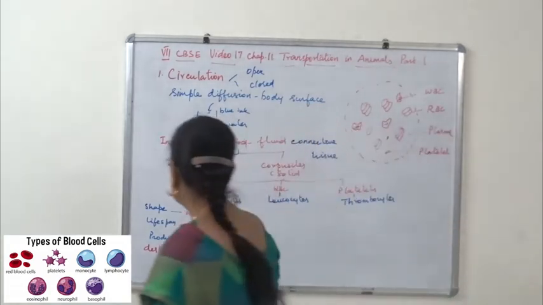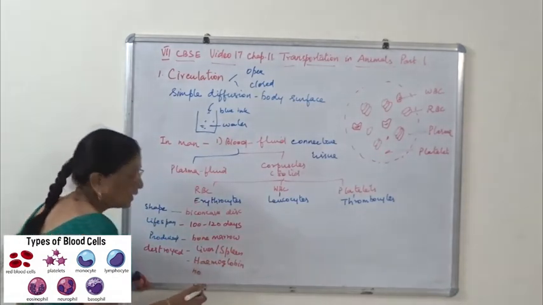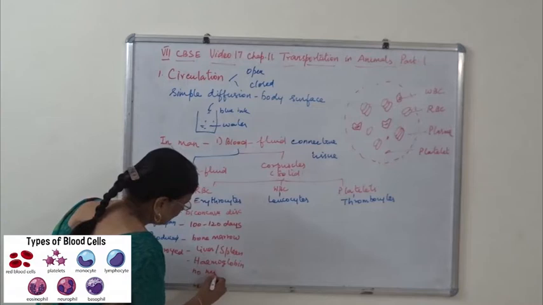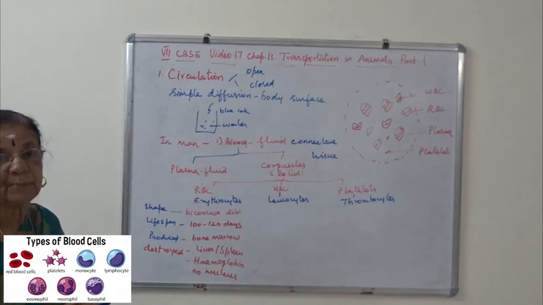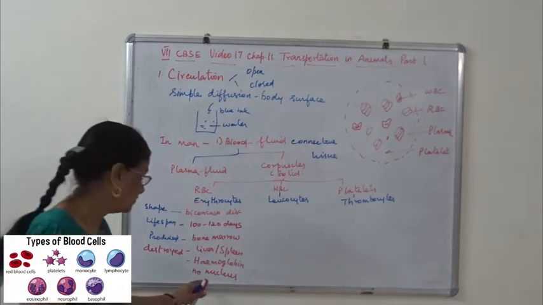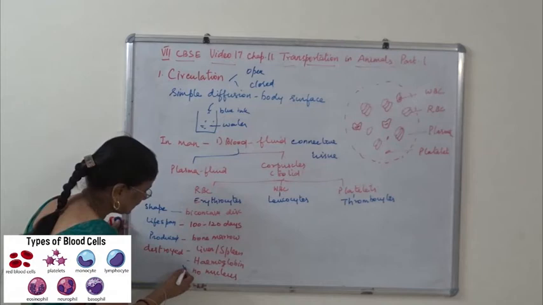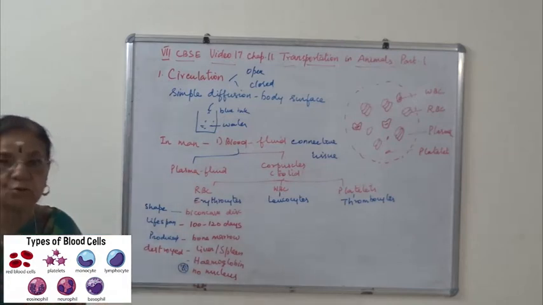Okay. In mature mammalian RBC, there is no nucleus. Clear? And this is a characteristic feature of this RBC. Why so?